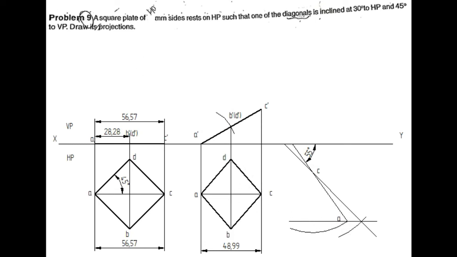So from A I will measure the distance. I will measure the distance from A to D. What is the distance? It is 37.42. And from C to D it is 37.42. Okay, so I will cut an arc by center point.